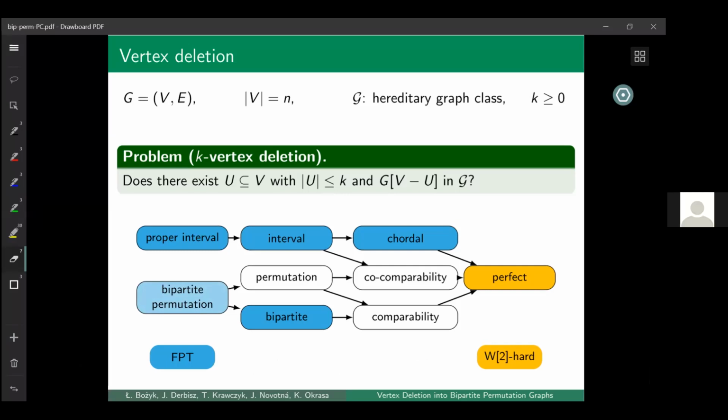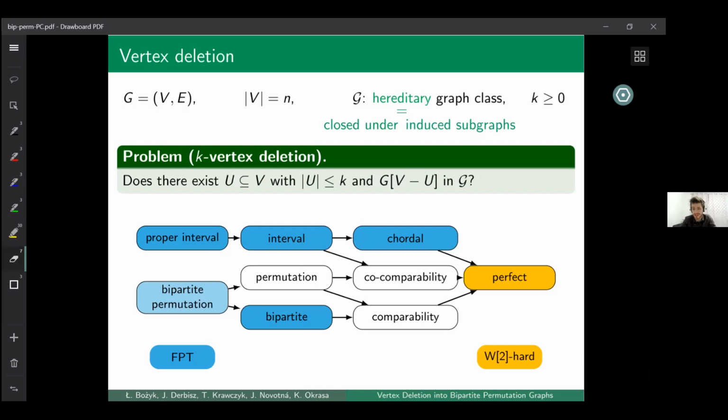Let me remark one more thing here. Recall that hereditary is nothing but closed under vertex deletion, and a very handy tool in working with hereditary graph classes is the following equivalent characterization.